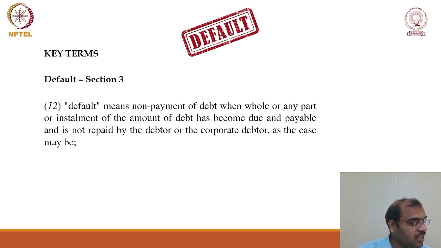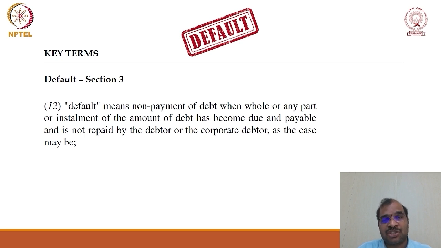So what is the meaning of default? Default means any non-payment. It can be operational debt, as we have just discussed, or financial debt. Non-payment of debt when whole or any part or installment is pending.